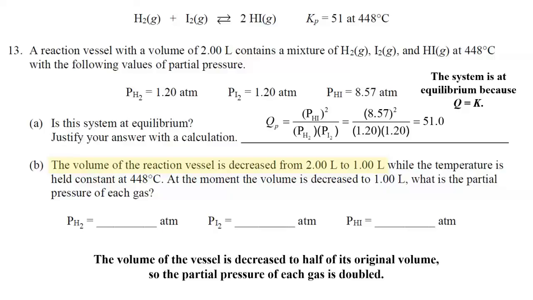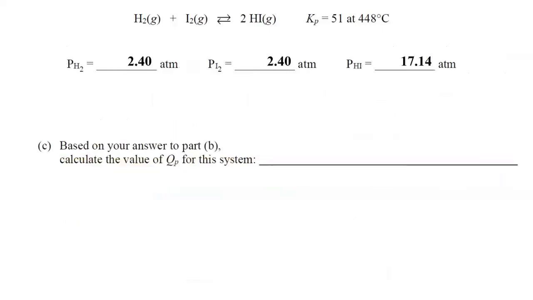So remember that when you decrease the volume of the vessel to half its original volume, it will cause the partial pressure of each gas to be doubled. So 1.20 becomes 2.40, and then 8.57 becomes 17.14. So these numbers in part B are now the new partial pressures at the moment that the stress or the disturbance occurred.